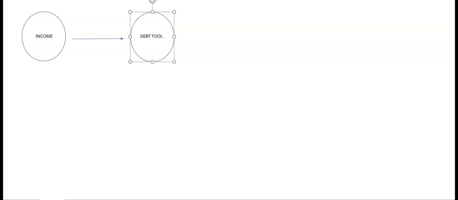Let's say we're looking at a card, for example, in velocity banking. If you had a $5,000 line of credit and a $15,000 balance on the card, you would chunk the $5,000 to the card, knocking that principal down to $10,000.